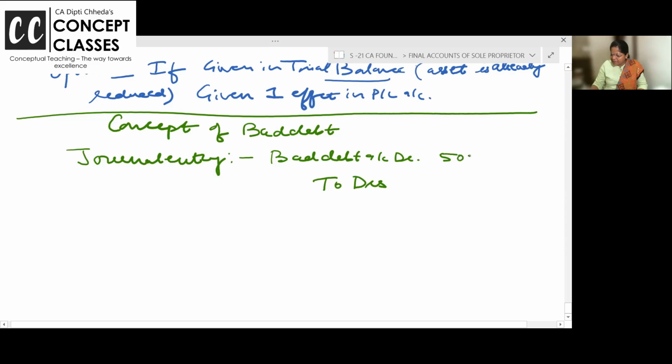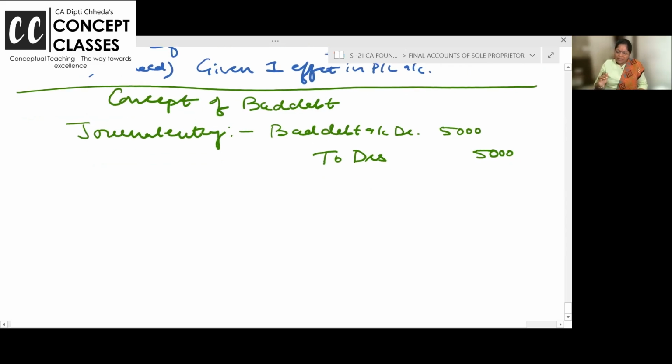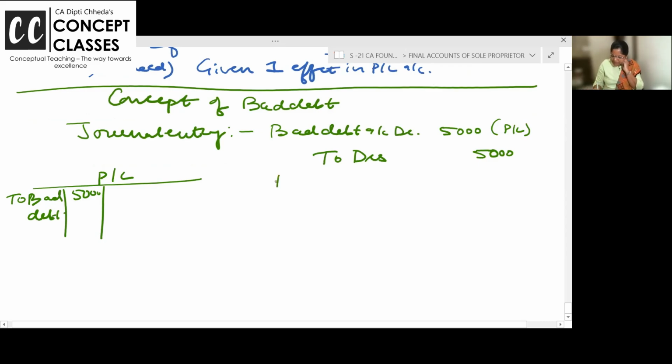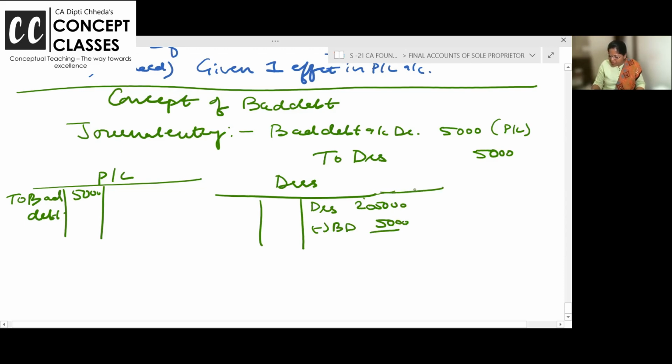How much is bad debt? 5,000. Now, what is the effect? In the P&L account, on the debit side, you will write 5,000 to bad debt. And debtors, you will show like this. Debtors are actually 2,05,000, but out of that, 5,000 is bad debt which you are not going to receive.